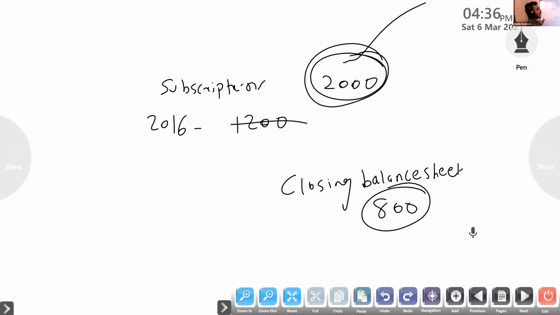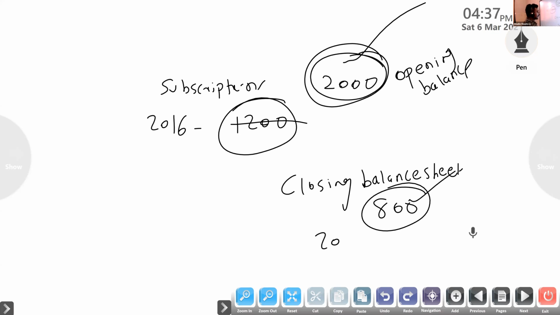If it is not given, this amount only we write in the opening balance sheet. If opening subscription is given, then 2,000 will come in the opening balance sheet. Then 800 will come in the closing balance sheet. Clear? It will not come in income and expenditure.